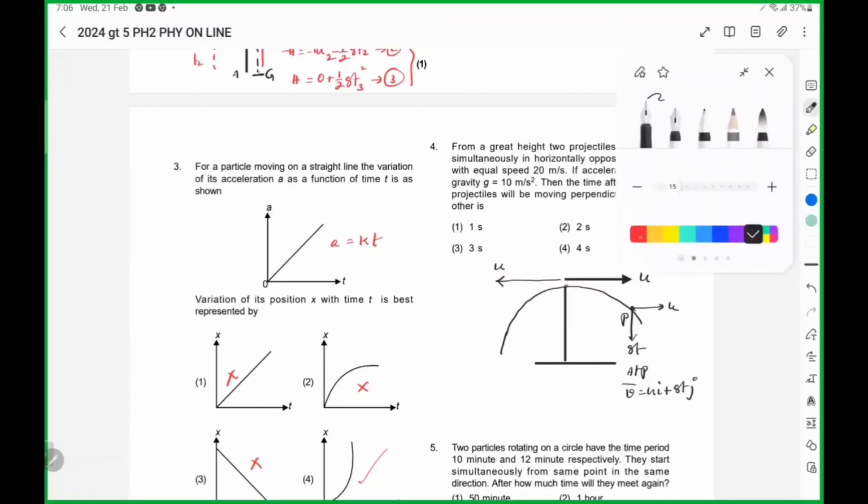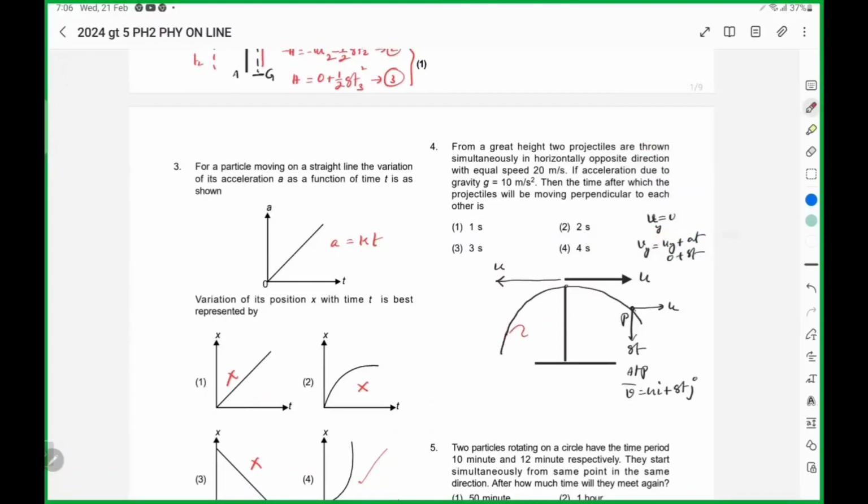At the other point, the velocity vector is minus ui plus gtj in the downward direction, so let me write v1 and v2 as minus ui minus gtj.